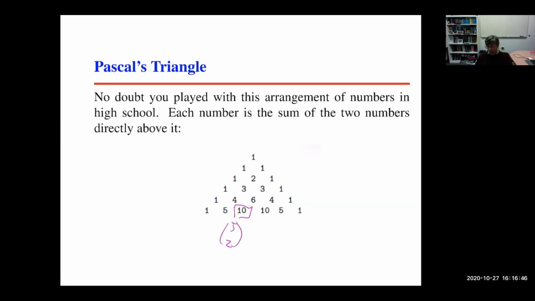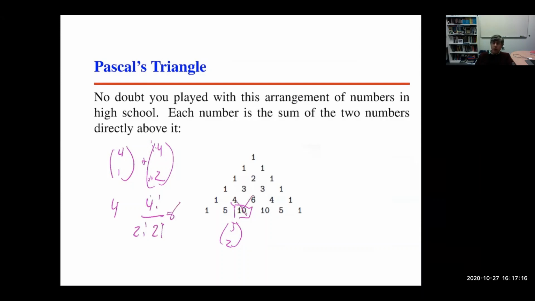I claim that 5 choose 2 is the same as 4 choose 1 plus 4 choose 2. What is 4 choose 1? 4 choose 1 is going to be 4. 4 choose 2 is going to be 4 factorial over 2 factorial over 2 factorial. 24 divided by 4 equals 6.